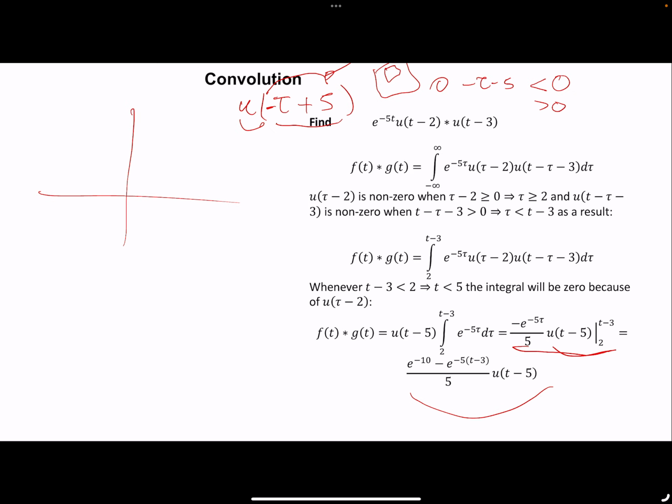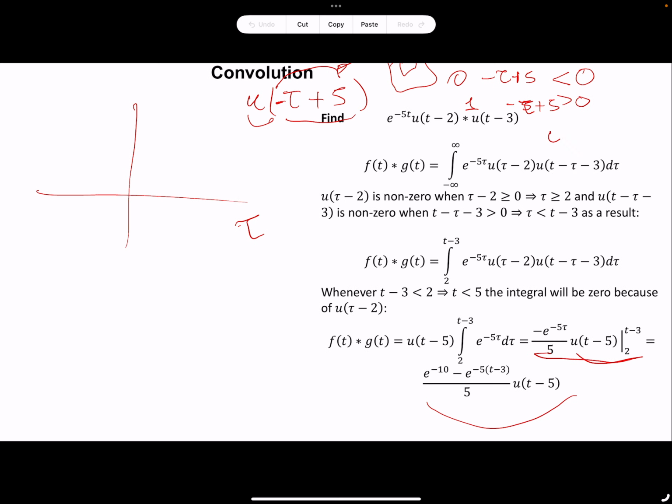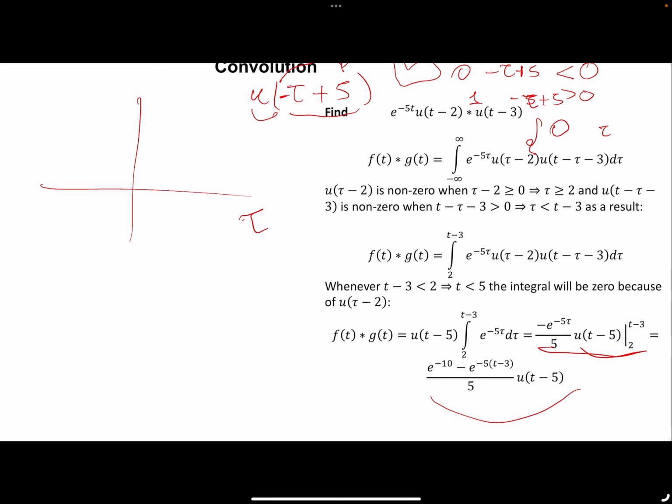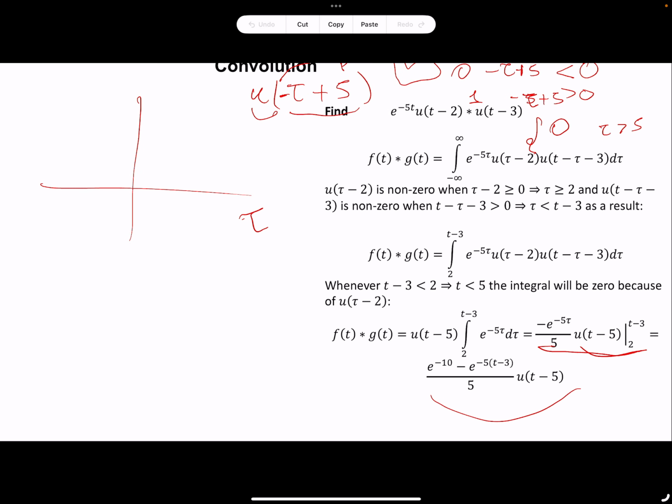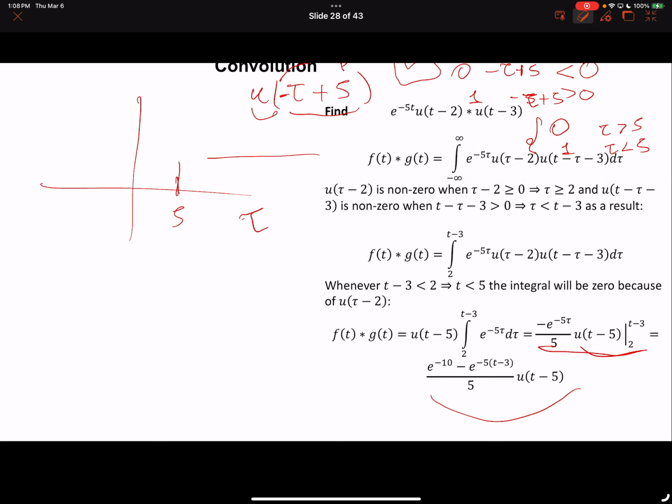And if you give it greater than 0, negative tau plus 5, it gives you 1. So what that's going to tell me is that the function is going to be 0 whenever tau is greater than 5, and it's going to be 1 whenever tau is less than 5. Okay, sure. So if this is 5, it's going to, oh, maybe not. Got the candy machine backwards.